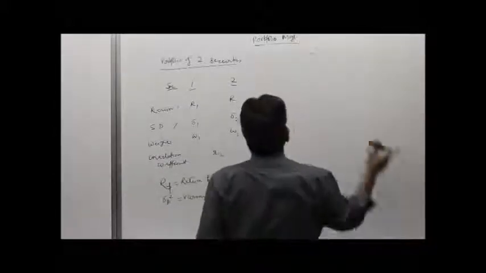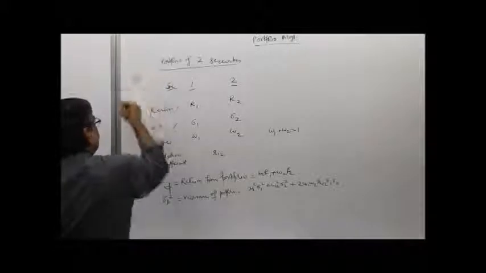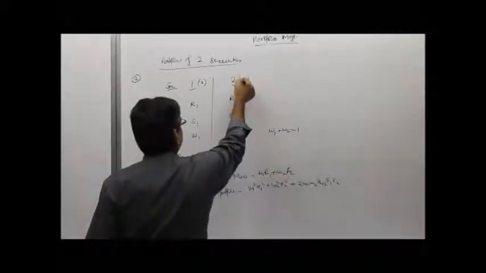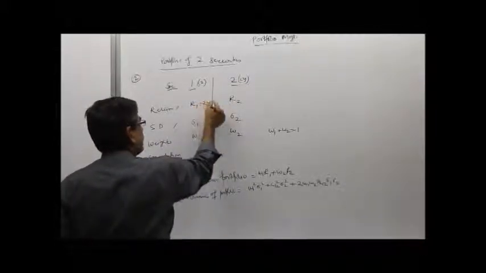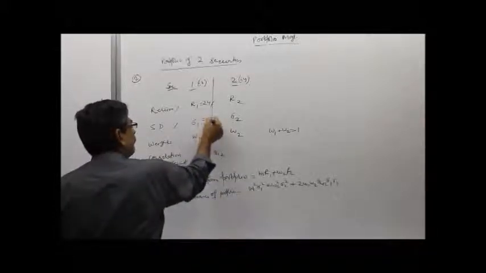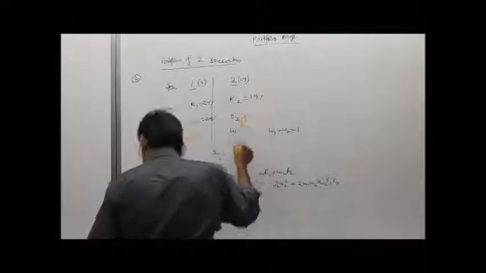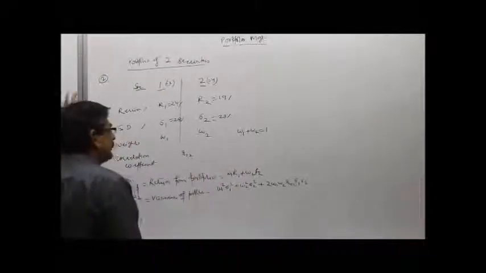In fact, we can write down the data here itself so that you understand it better. Question number 2, with the same notation that we are using, say security 1 is X and security 2 is Y. Then R1 is 24%, sigma 1 is 28%, R2 is 19%, sigma 2 is 23%, and given in the first line itself, 2 equity shares in equal proportions.